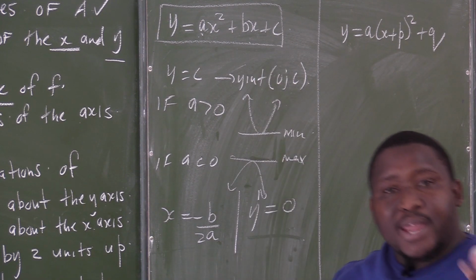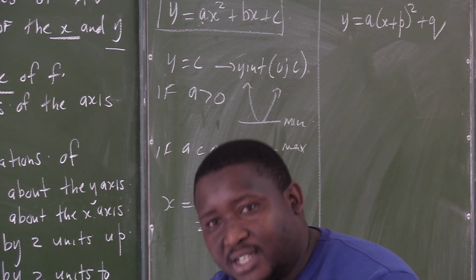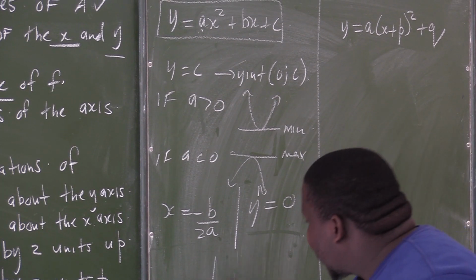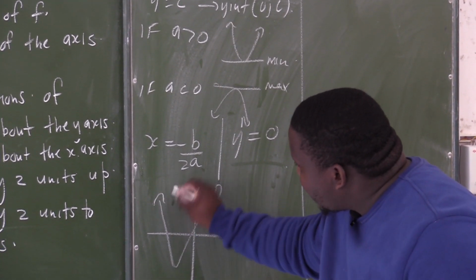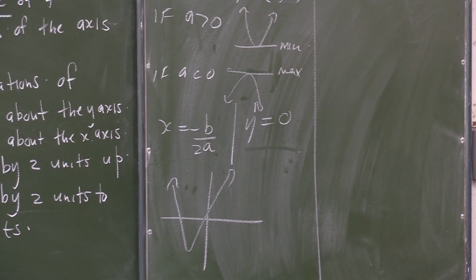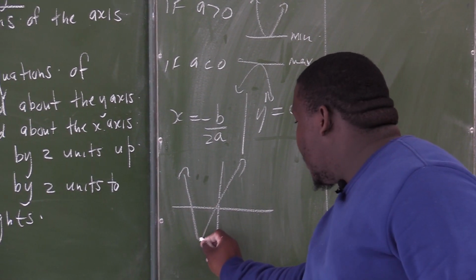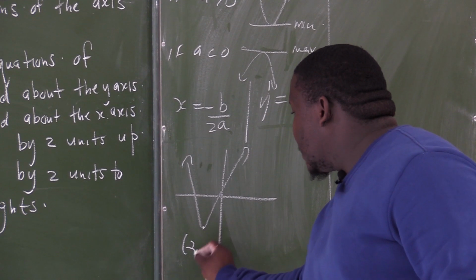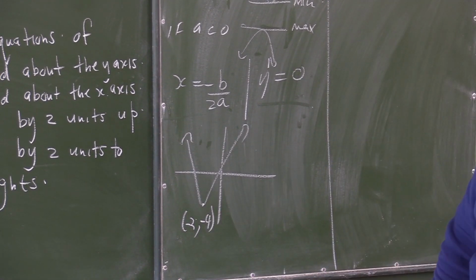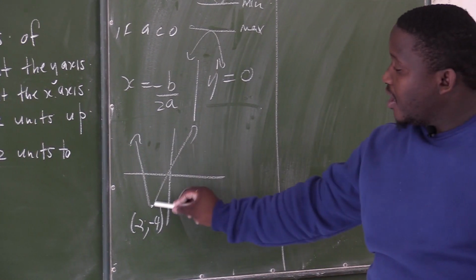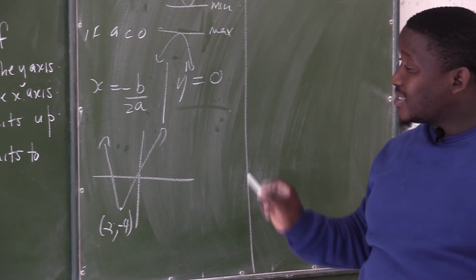Now, on range and domain, let me focus more on the range part. Let me make an example. Let us say you were able to draw a graph and your graph looked like that. And you were able to see that the turning point was, say, (-2, -4). And the question says, give the range of this graph. Remember, what is the range?